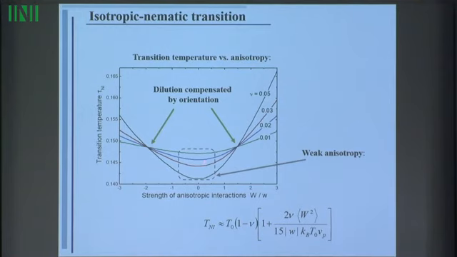Again, here the dilution is compensated by the anisotropic interaction, and it's possible to get a simple analytical expression for the approximate, of course, nematic-isotropic transition temperature, which shows the effect of this anisotropic interaction. That's not the main focus of this talk, so I'm just trying to say that these so-called liquid crystal nanocomposites exist in various forms and shapes.